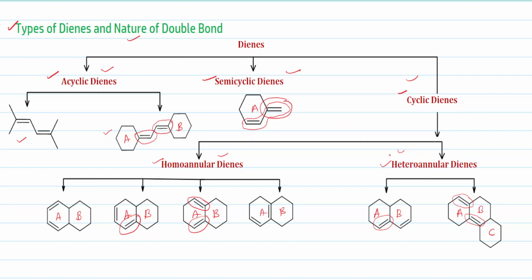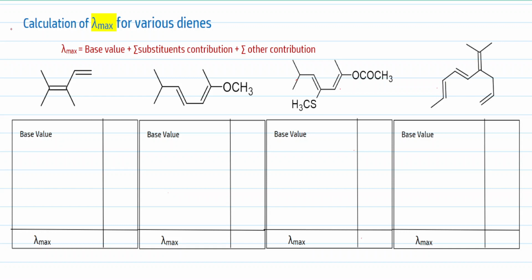After the identification of the basic skeleton, we have to look at the exocyclic double bond and extended conjugation, or the substituents present on that diene system. In the calculation of lambda max for various dienes, one thing is clear: the diene should be a conjugated one. Then and only then can we calculate the lambda max.